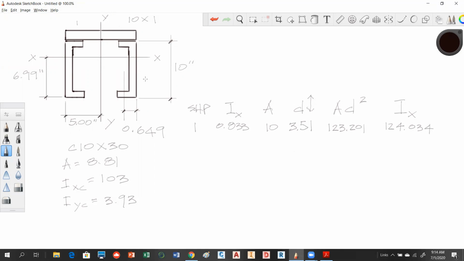Okay, so we're going to look at this shape now. We're going to call that shape 2. So shape 2, we're looking at the IXX of that. That's a 103. So that's actually generating most of the stiffness. The plate's really not doing much in this direction. So the area of that, we look the area up. That's 8.81. Again, that's coming from the chart.